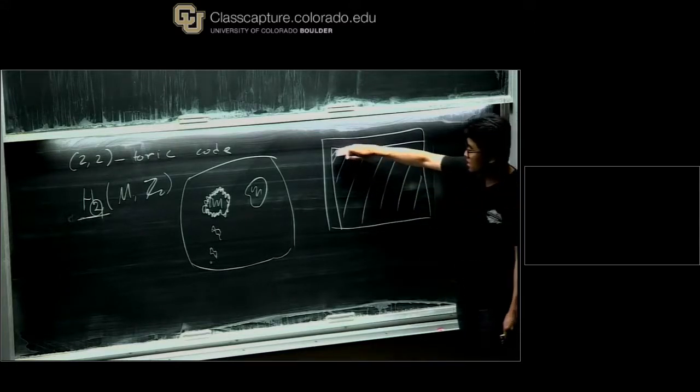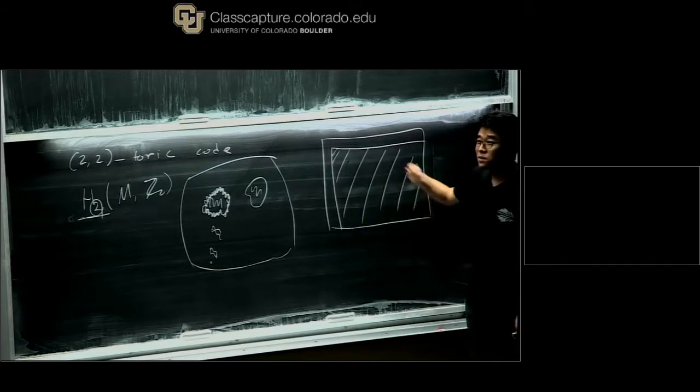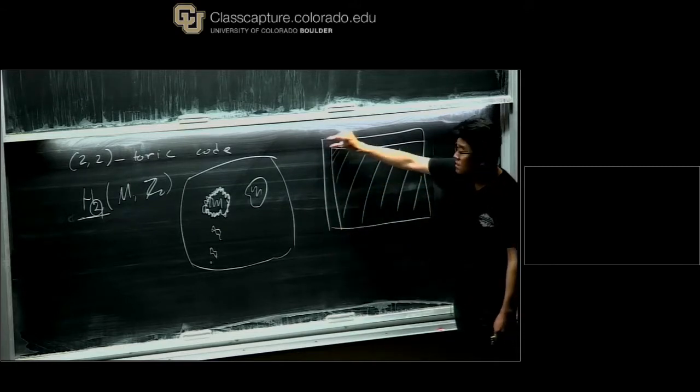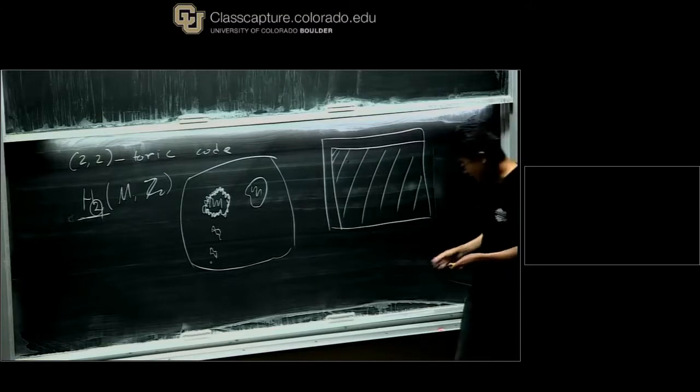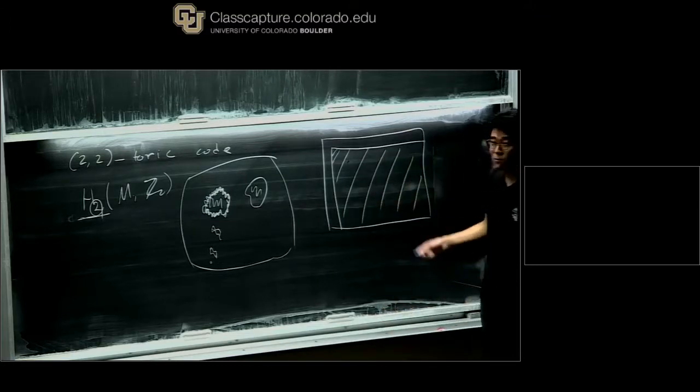In other words, even if you forgot everything here, you should be able to access the ground space by acting on this strip. Now, why is the strip important? The strip looks like a one-dimensional, quasi-one-dimensional system.